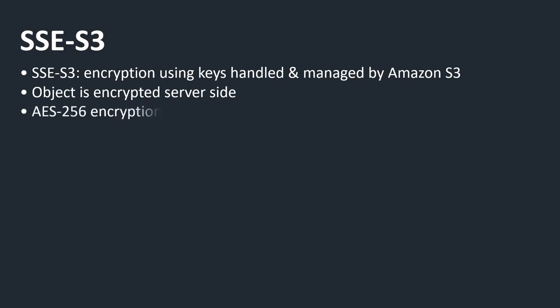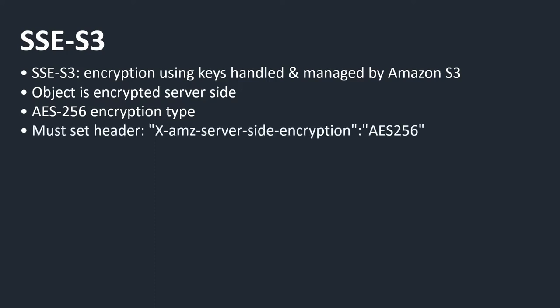SSE means server-side encryption, and the type of encryption is the AES-256 algorithm. So to upload an object and set the SSE-S3 encryption, you must set a header called x-amz-server-side-encryption: AES256. x-amz stands for X Amazon. So x-amz-server-side-encryption: AES256, and this is how you remember the name of the header.